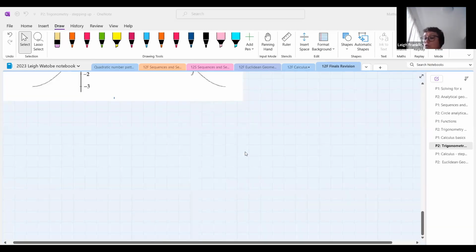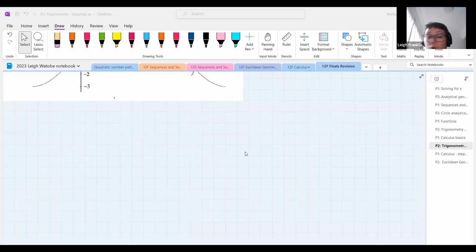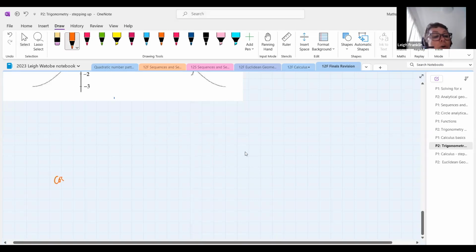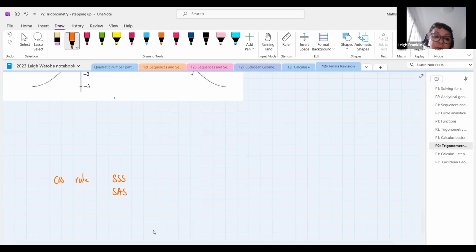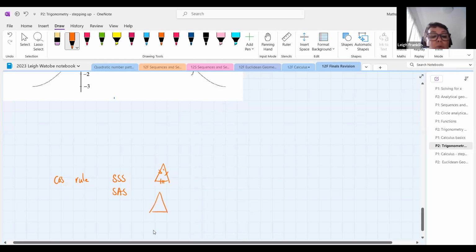So Gugu's asking, how do we know when we use the sine rule as opposed to the cosine rule? You will use the cos rule when you have side, side, side, or side, angle, side. In other words, you are given 3 sides and you want to calculate an angle, or if you have a side and the angle in between, then it's the cos rule.